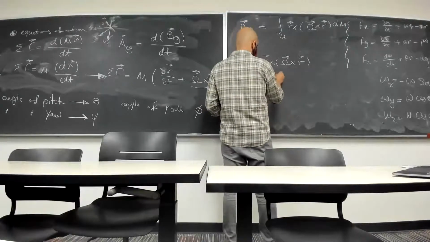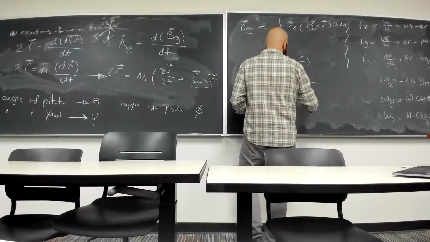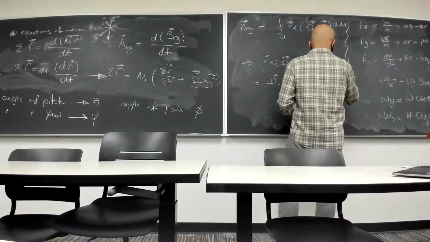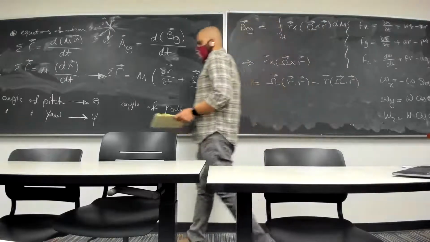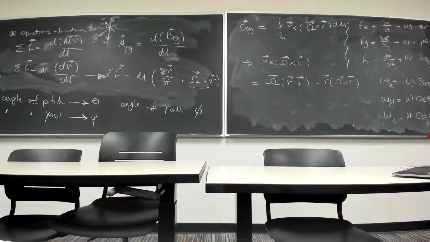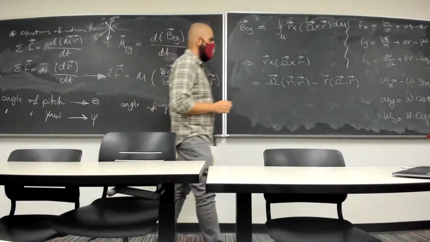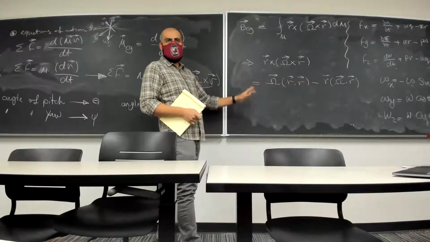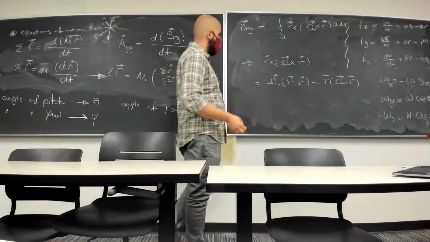It is going to be omega multiplied by R dot R minus R multiplied by omega dot R. We will do a bonus point later on in the course to prove this, which has a very simple proof, so you shouldn't really be worried about that.